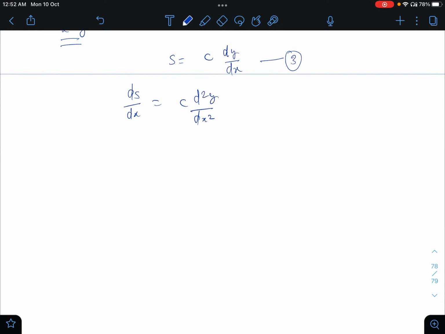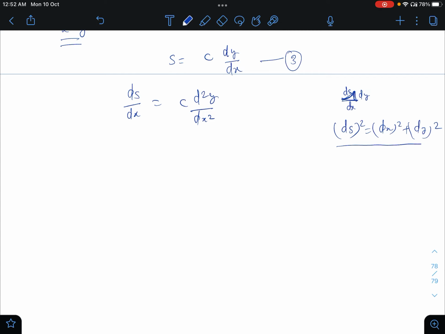Now we know that for a small curved line, let us assume that this is ds, then this is dx and this is dy. So ds whole square is equal to dx square plus dy square by Pythagoras theorem, since for small ds this can be assumed as a right angle triangle.